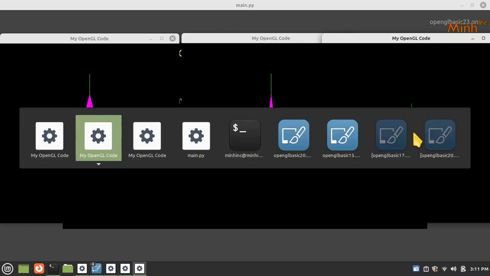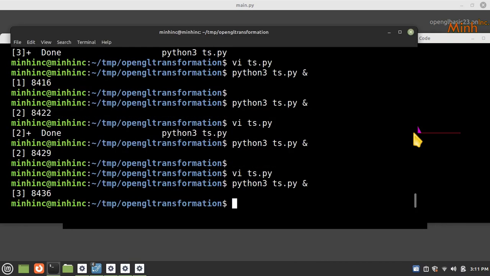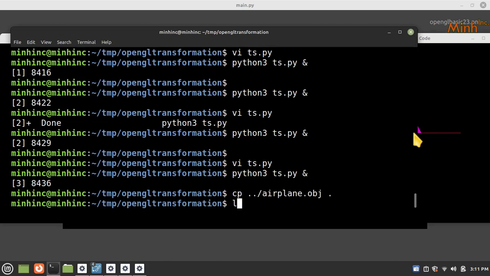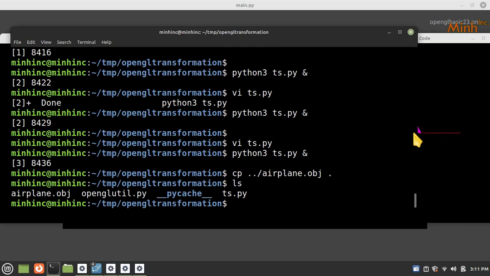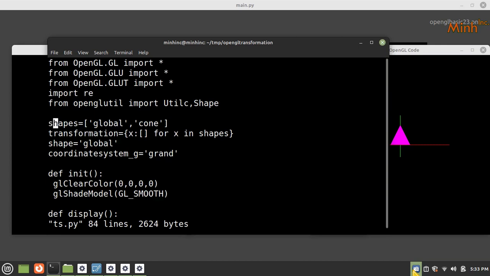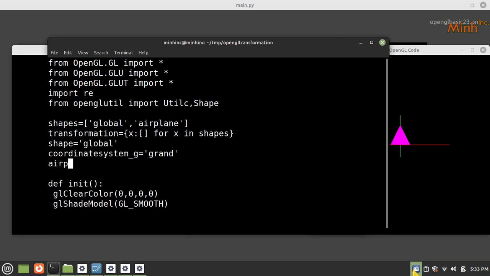I have another example. I have one aeroplane. I'll copy it here. Now I have three files, including aeroplane.obj, and now we'll change this cone to airplane. We'll have one airplane equal to none.